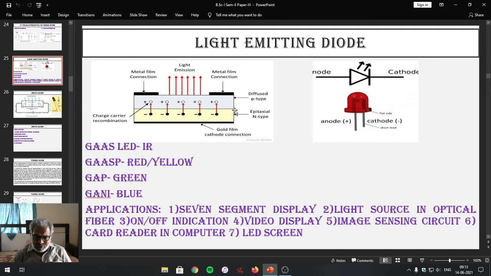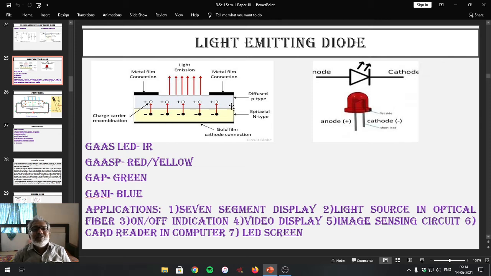We studied the structure. In the P layer, very near to the junction, there are negative ions which are generated. In the N region, very close to the junction, there are respectively positive ions which are generated.